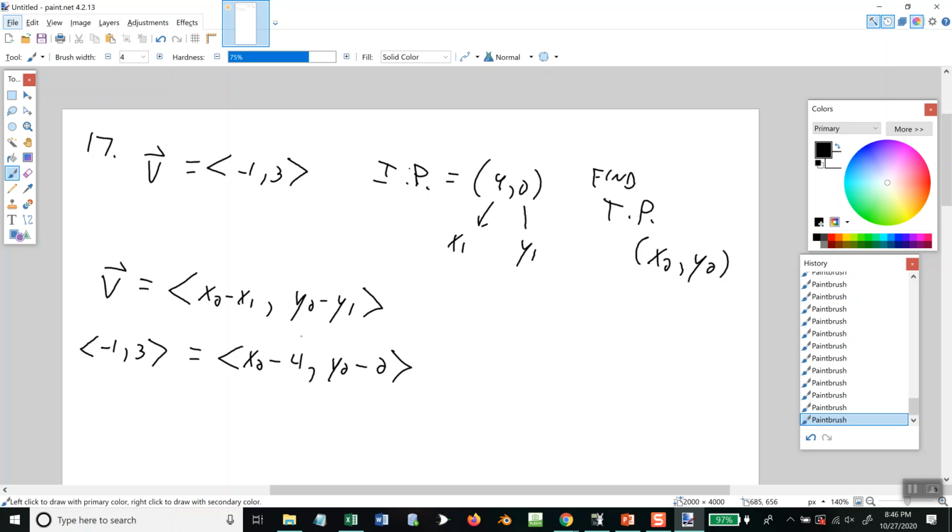Now I can equate the first parts together, and I can equate the second parts together to figure out what my terminal point is. So I'm going to have x2 minus 4 is equal to -1, and I'll have y2 minus 2 is equal to 3.